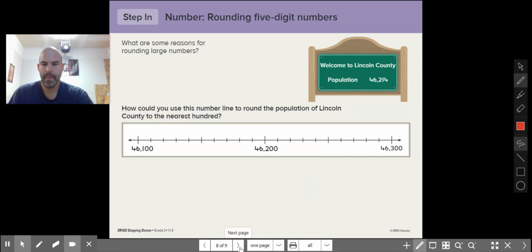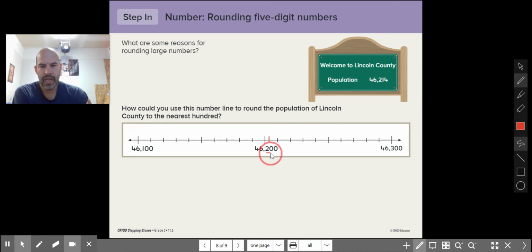All right. So it says, how could you use this number line to round the population of Lincoln County to the nearest 100? So if we were to look in here, we would find that this would fall probably somewhere about right here. Okay. And these are by tens, 10, 20, 30, 40, 50, 60, 70, 80, 90, 100, right?